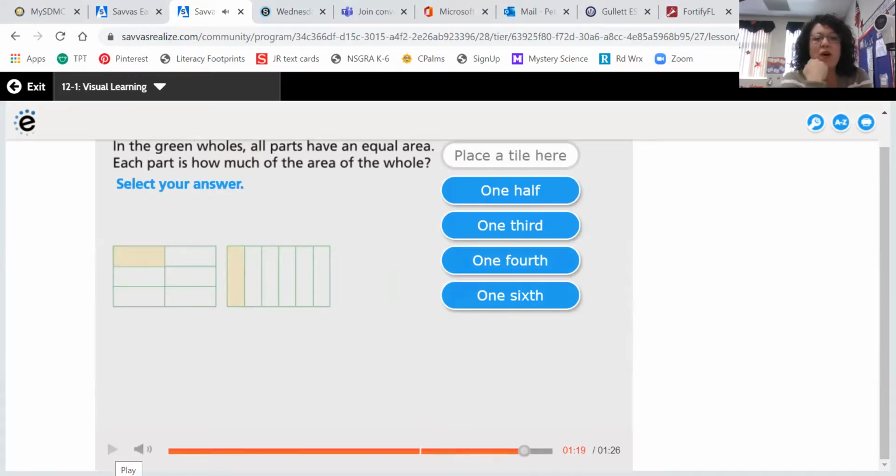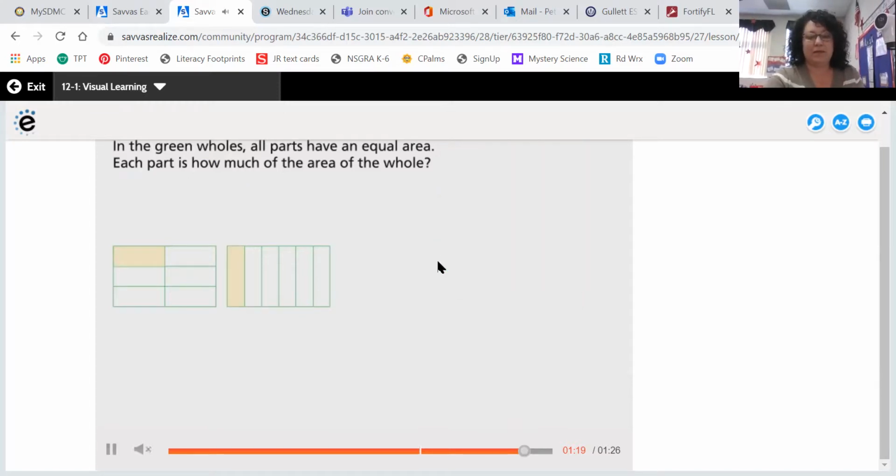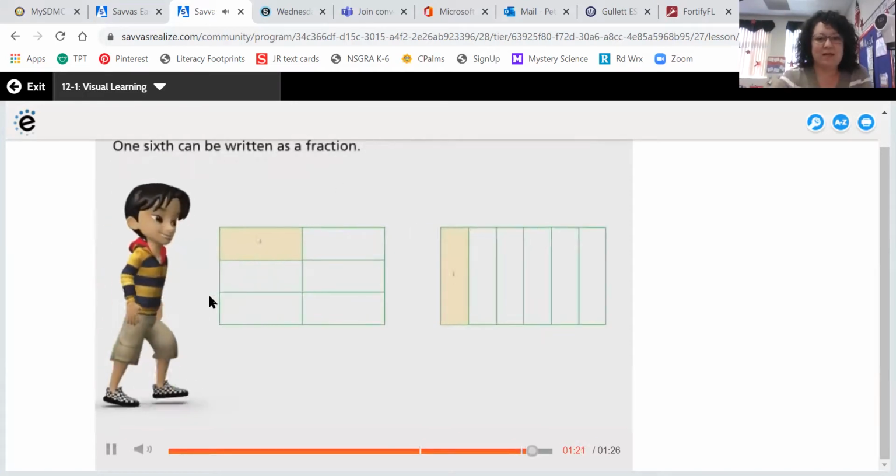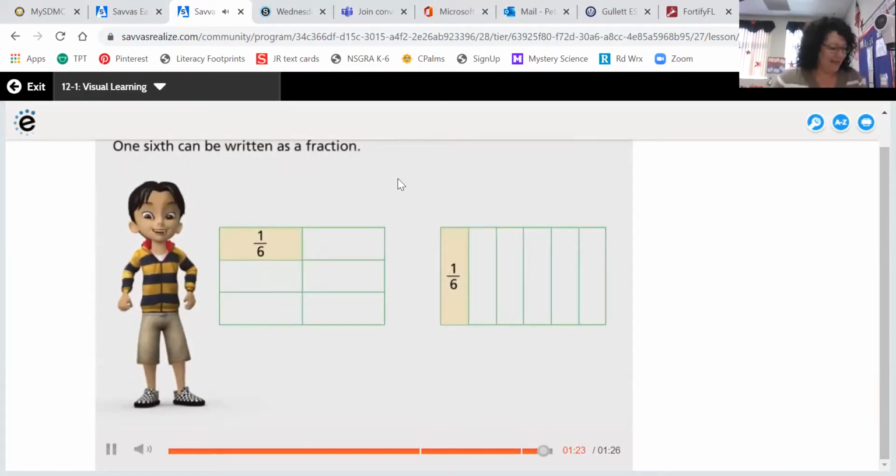Okay, so each one is how much of the whole? Just like what we just took in our notes. There is 1 unit fraction on each one, and each one has 1, 2, 3, 4, 5, 6. Each one has 6 equal pieces. So that unit fraction right there, that one piece would be 1/6. One-sixth can be written as a fraction.